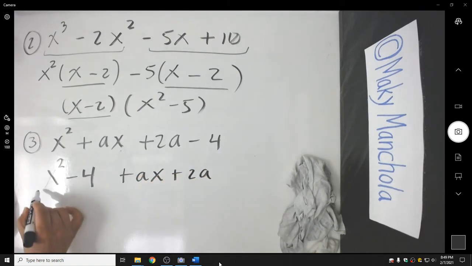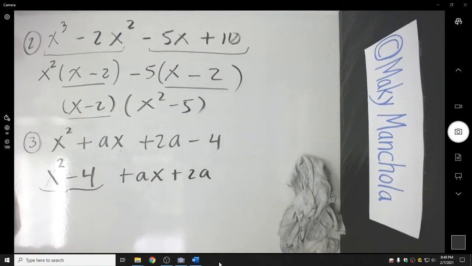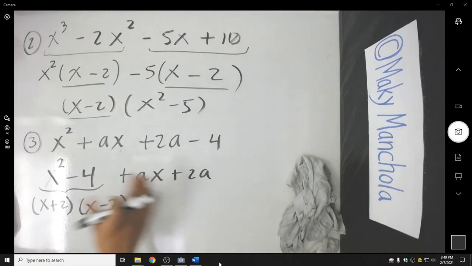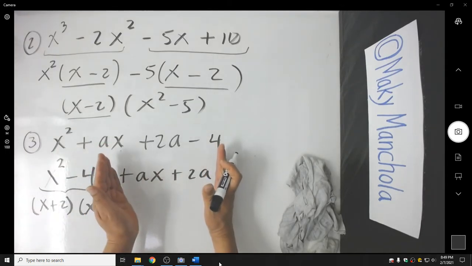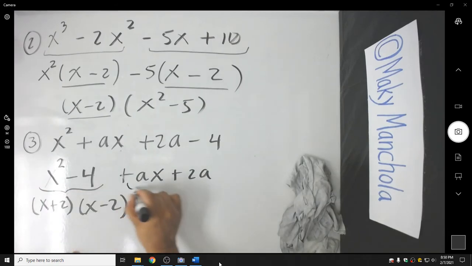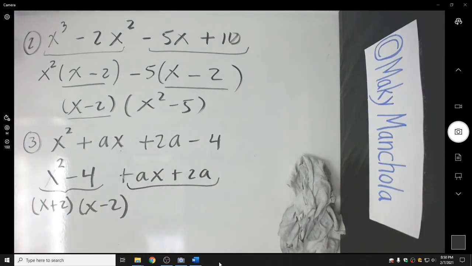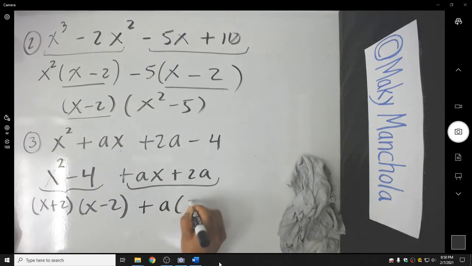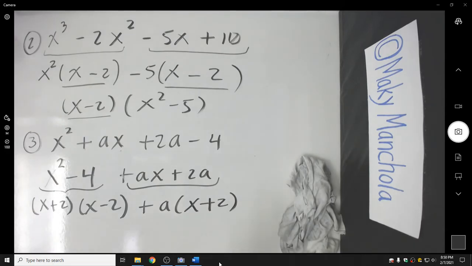Now, as I said before, x squared minus 4 factors as a difference of squares. So let's try that. x plus 2, x minus 2. Now, in this second group, we can factor out the a. And it becomes evident that this maneuver worked.